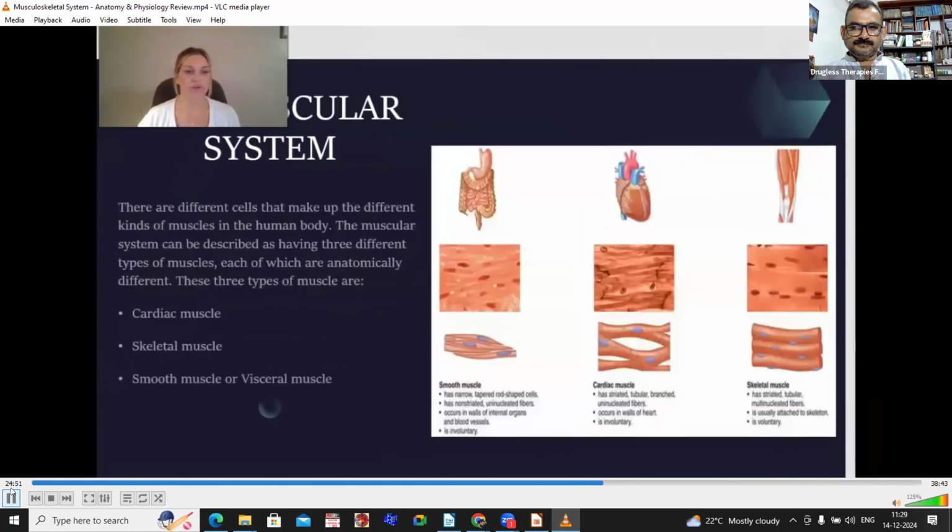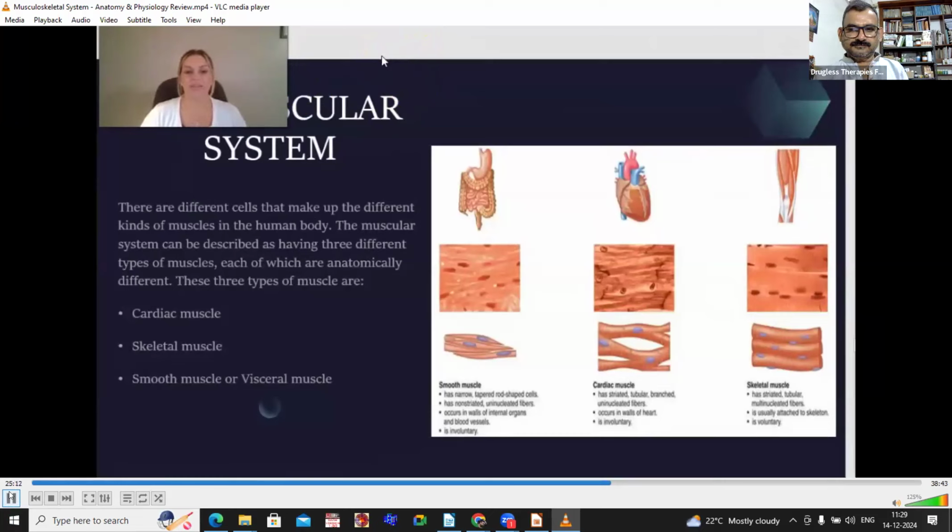Here you can see that there are different cells that make up different kinds of muscles in the body, which we previously discussed in the previous slide. The muscular system can be described as having 3 different types of muscles, all of which are anatomically different.